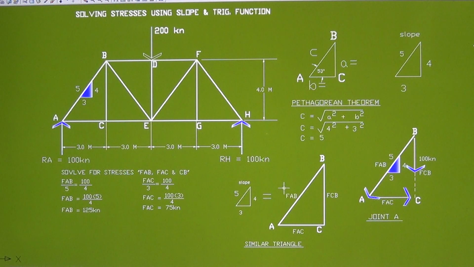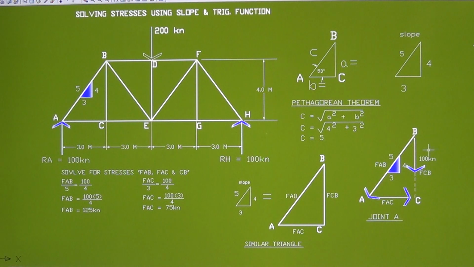See, look at how I do this. FAB, this is the incline, is equal to the slope there, that's just 5. FAB over 5 is equal to, and always equate to the known value. The known value here, we isolate joint A, and then transfer the reaction as the vertical force here, FCB.